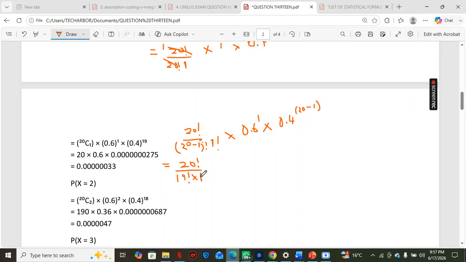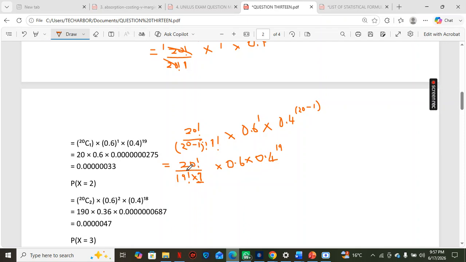Okay, so you just multiply it by 1. This 1 factorial equals 1. Multiplied by 0.6 to the power 1 is 0.6. Multiplied by 0.4 to the power 19.